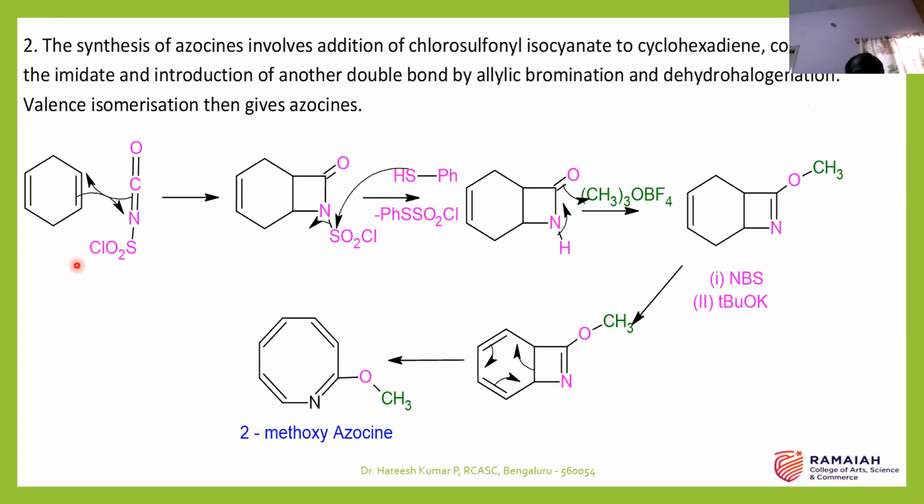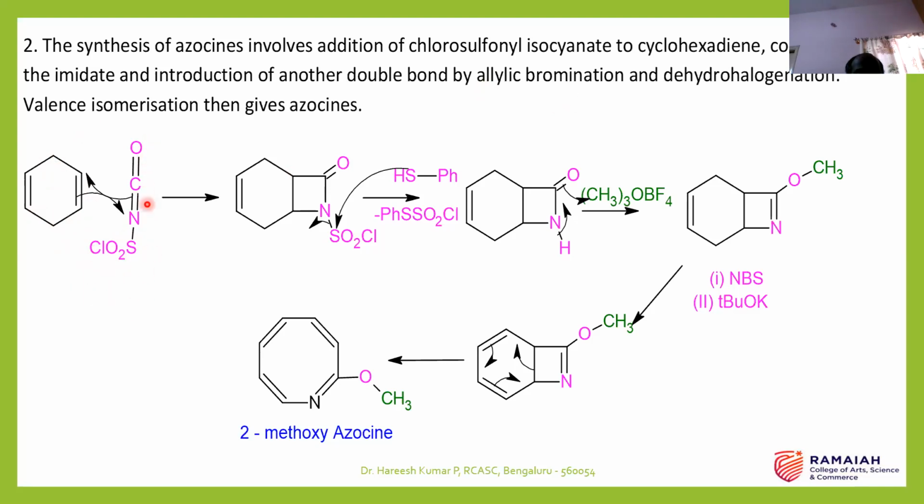Here also you can observe that this kind of moiety is called 1,4. This is 1 and this one is 4. 1,4-dihydrobenzene, when it is treated with chlorosulfonyl isocyanate, this is the chlorine, and this is a sulfonyl group.